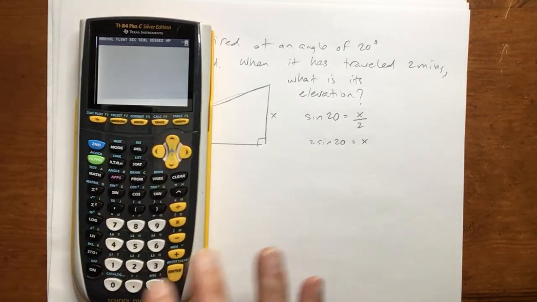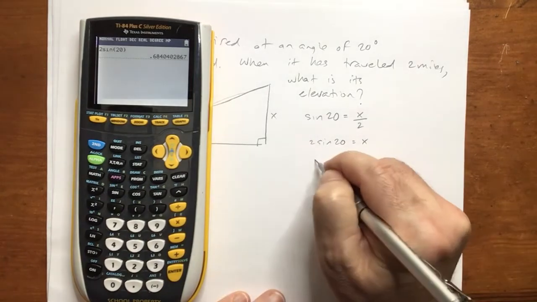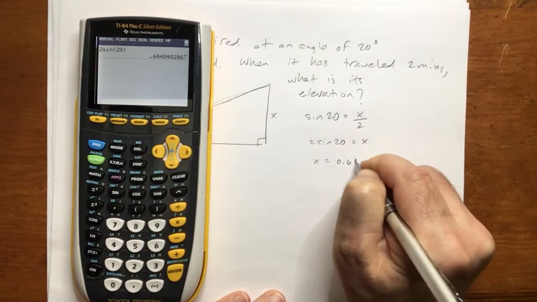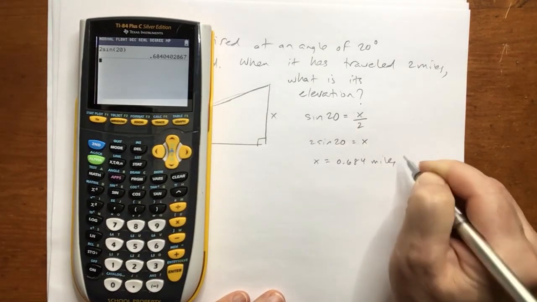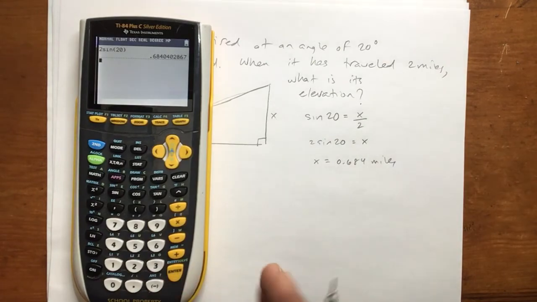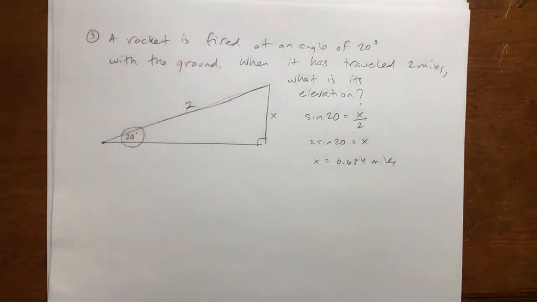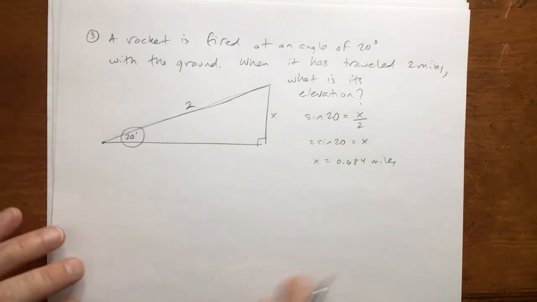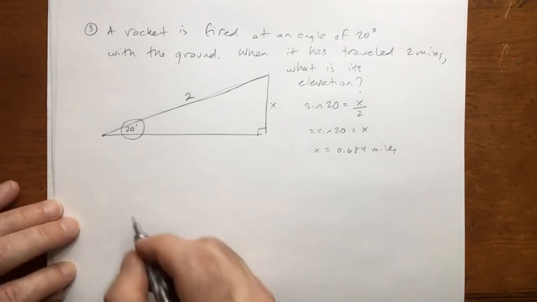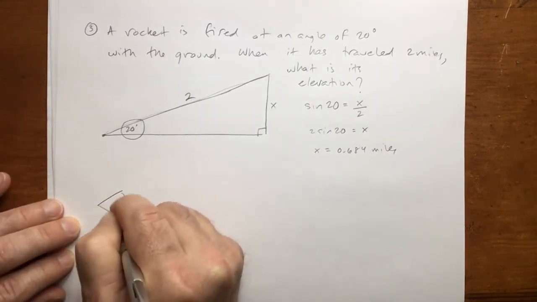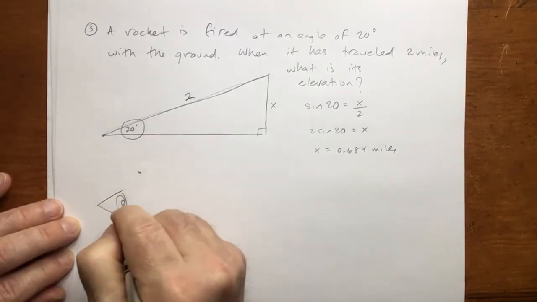And hopefully we get a reasonable answer. And so x is 0.684 miles. So the altitude, if you were writing the complete sentence, you would write: after it travels for 2 miles, the altitude is 0.684 miles.